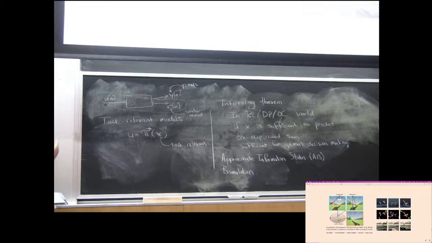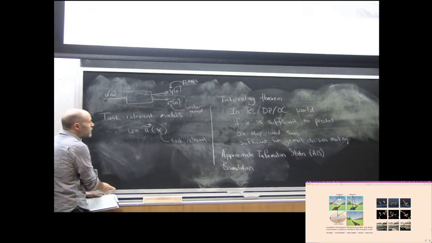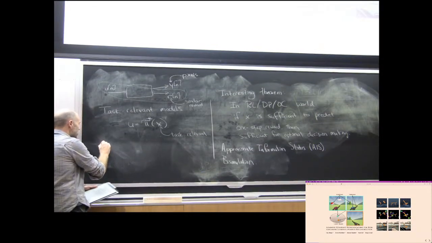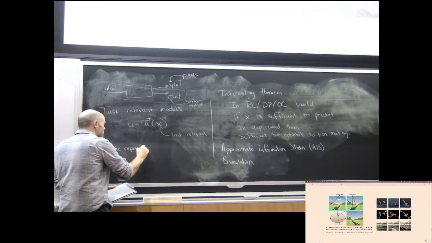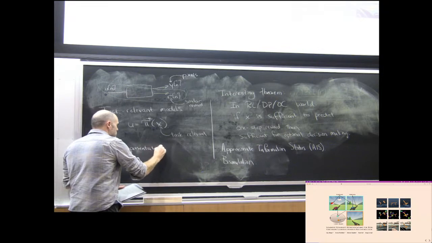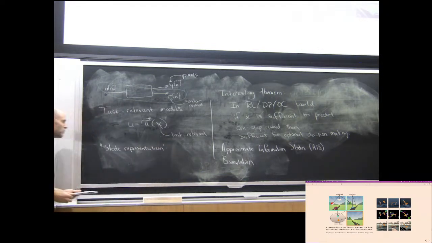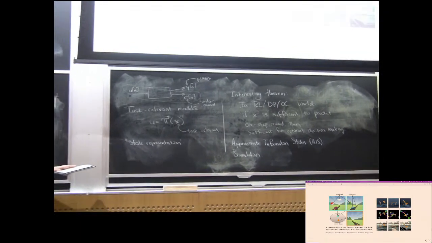But this question of state representation is really the first fundamental question, in my mind, of what I mean by intuitive physics. It's funny because Josh Tenenbaum coined the word intuitive physics, or he popularized it certainly.